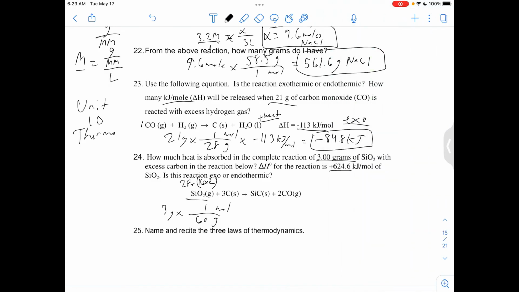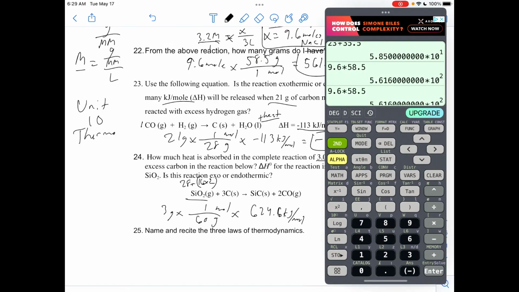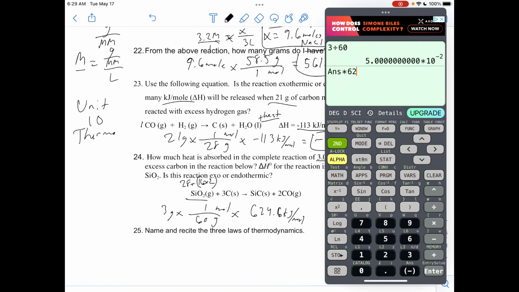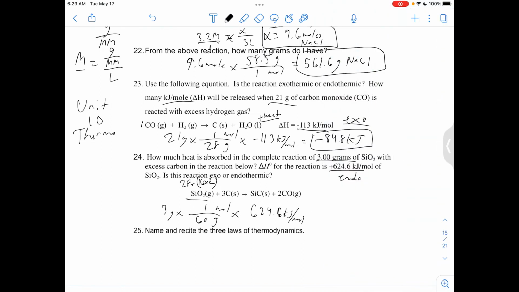Okay, and again, you're going to multiply by this. Notice this is endothermic because it's a positive amount. I gain in energy. Multiply that by 624.6 kilojoules per mole. So I have 3 divided by 60.05 moles, times 624.6. That'd be 31.2 kilojoules.